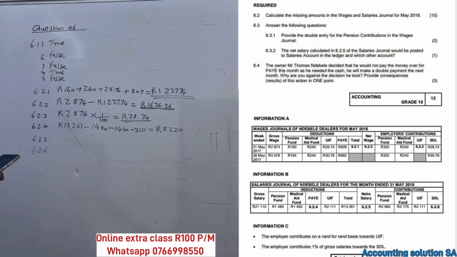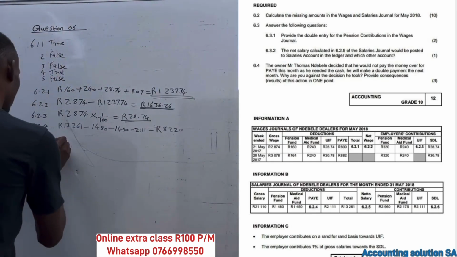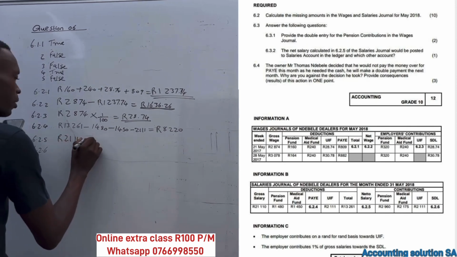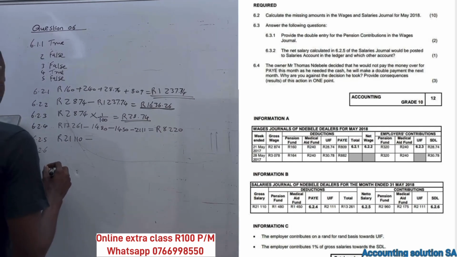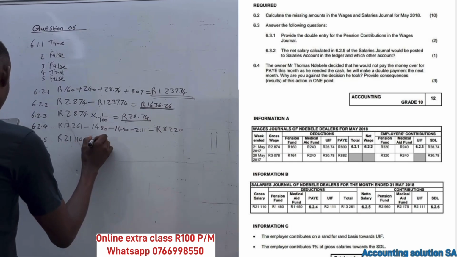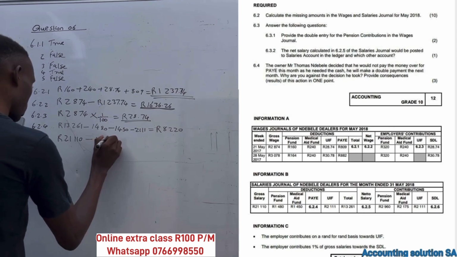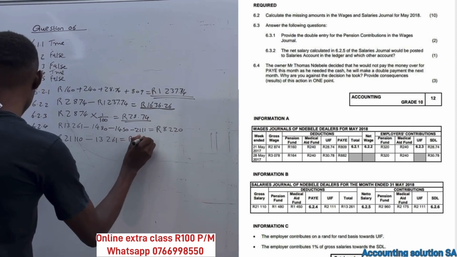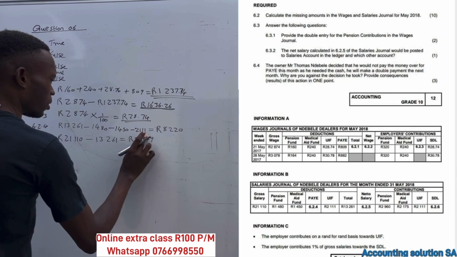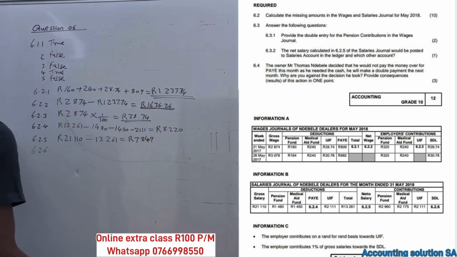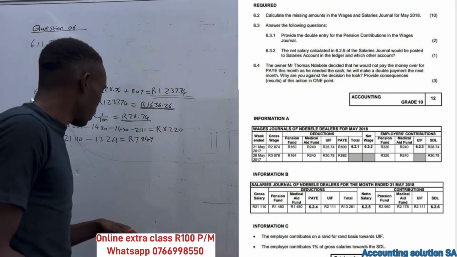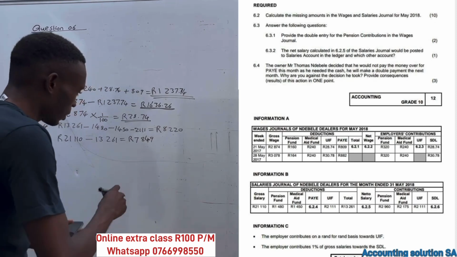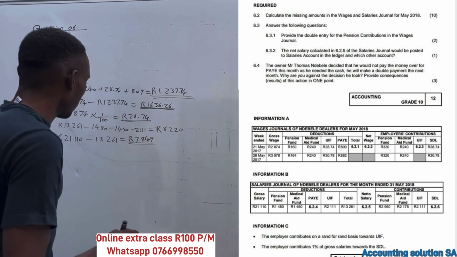We take the gross, which is 21,110, and subtract our deductions, which is 13,261, which gives us 7,849. That's our net. Imagine, guys, you work for 21,000 and you get paid 7,800. The deduction is too much.